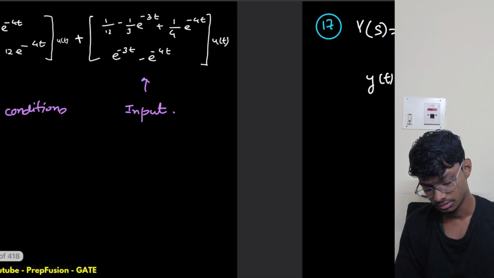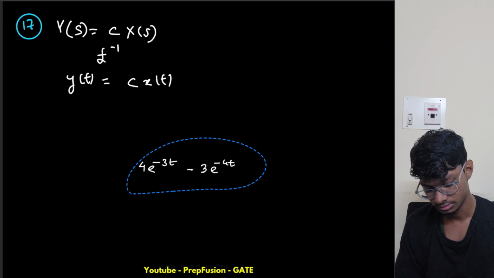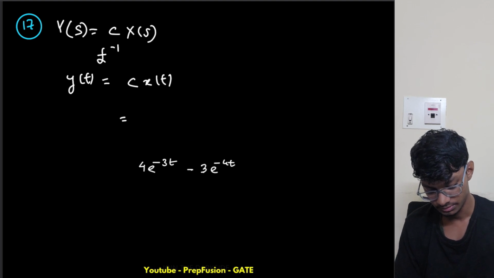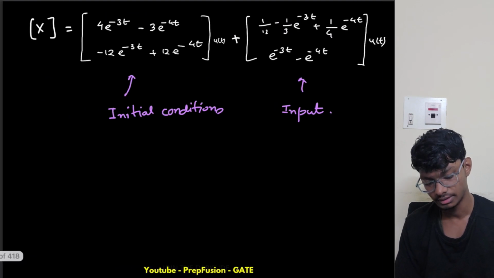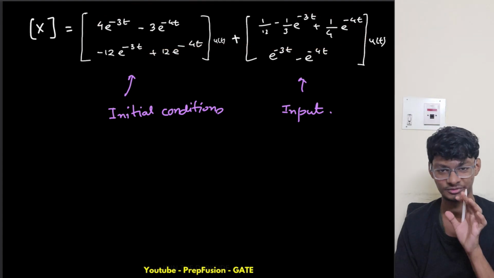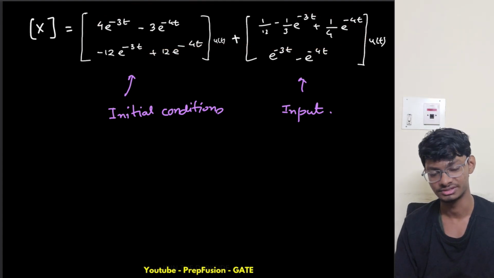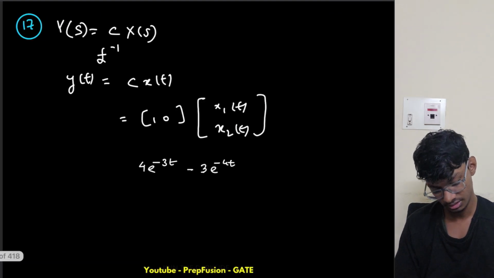So I will write here. Expand this 1 comma 0 into x1 of t and x2 of t. What I should do is put all this in a single place, but I am doing it for you. The homework is to put all this in a single space, where all this will be in the same row and this will be another row, and the addition of these two.